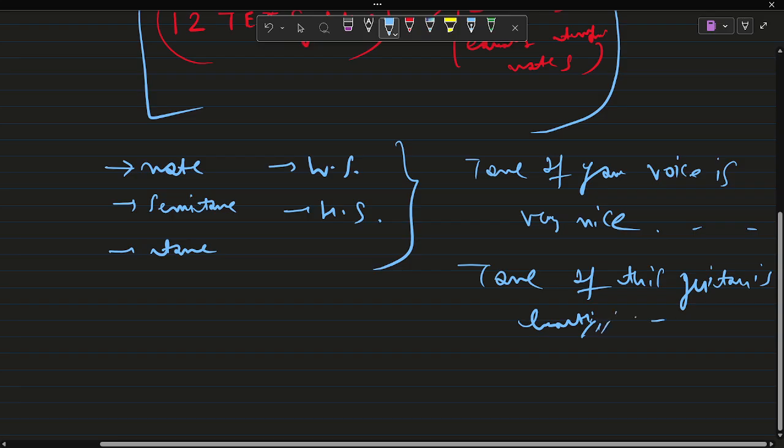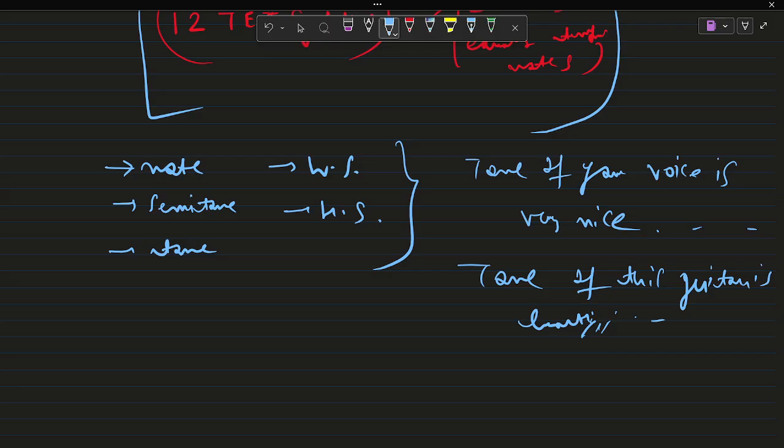So we basically use the word tone informally to define the quality of a voice or the quality of an instrument. But in the context of music, using the term tone is not so appropriate. So why? Okay, so let me first define the note.